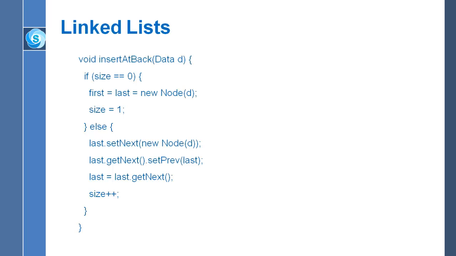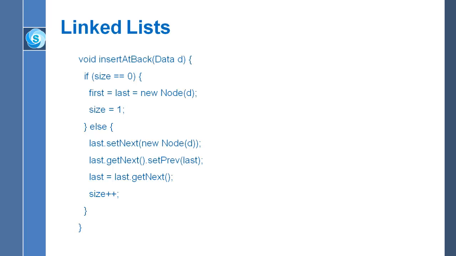If size is equal to 0, that means that the linked list is empty at the moment, and what we're doing is inserting the only node into the linked list. When we get done, the linked list will consist of just this new node. So it makes sense to have the first and the last pointers point to this new node.